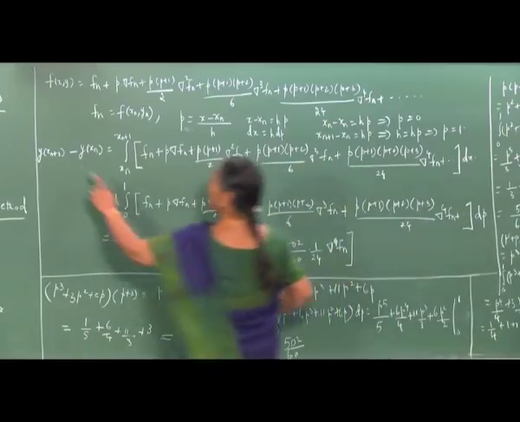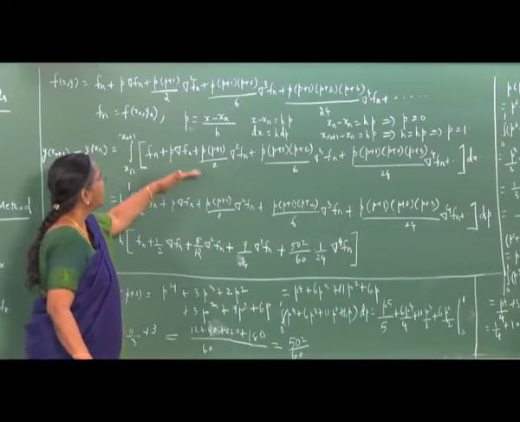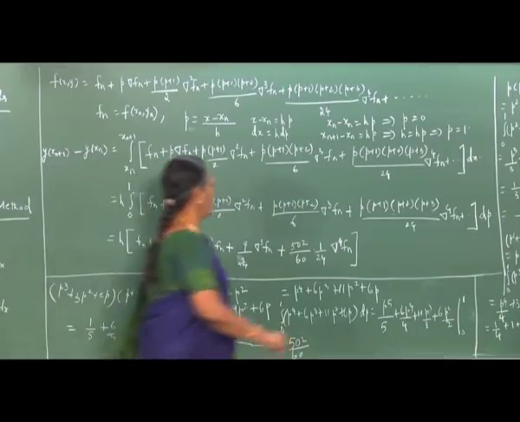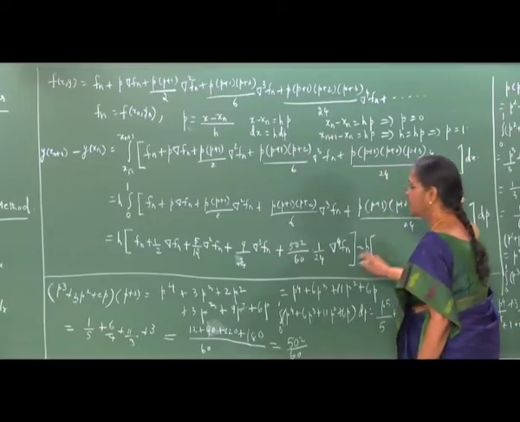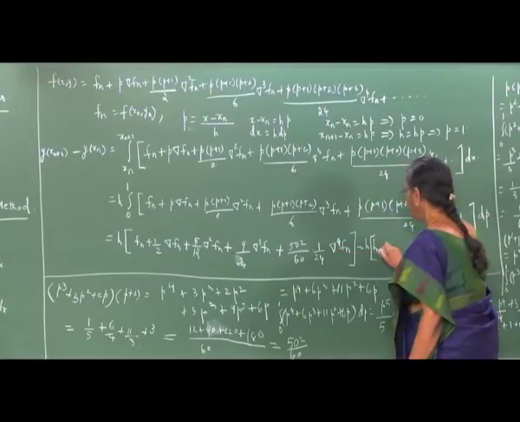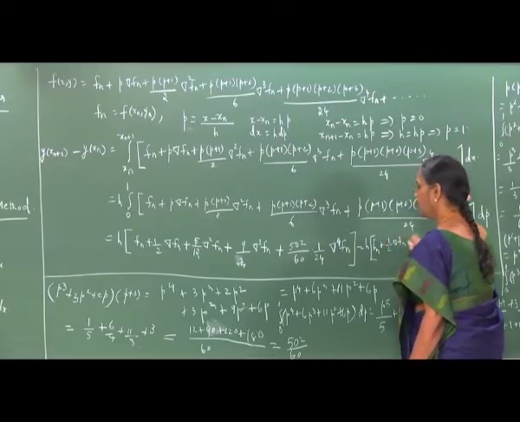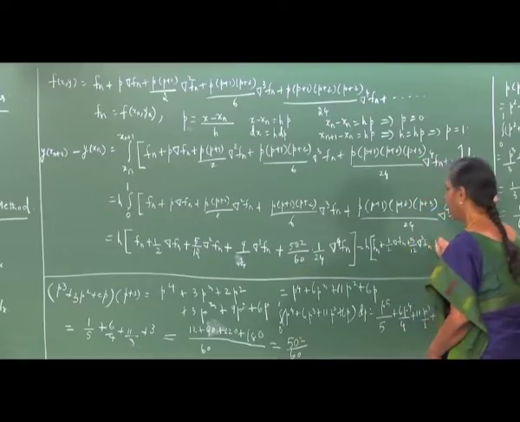So, y of xn plus 1 minus y of xn, when the integration is performed, gives you this result, which can be simplified. It is given by h into Fn plus half delta Fn plus 5 by 12 del square Fn.